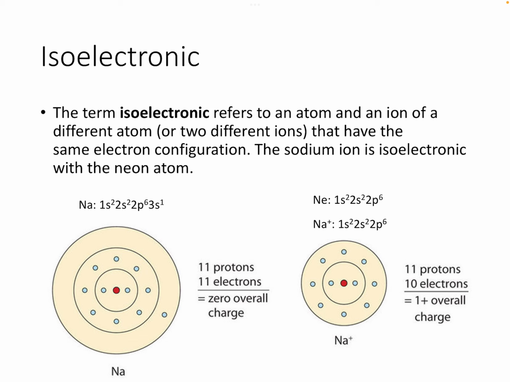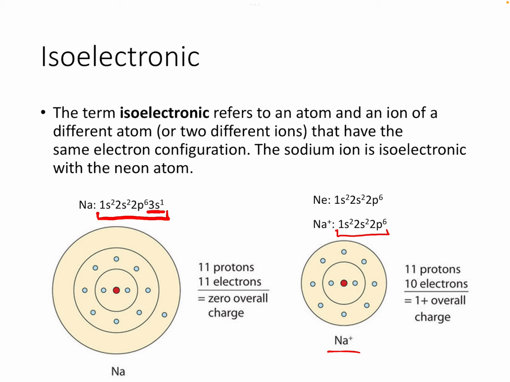So again, we said that sodium, when it's electrically neutral, has an electron configuration of 1s2, 2s2, 2p6, 3s1. Now, when we gave up that 3s1 electron, sodium had a new electron configuration. Or I should say the sodium ion has a new electron configuration.